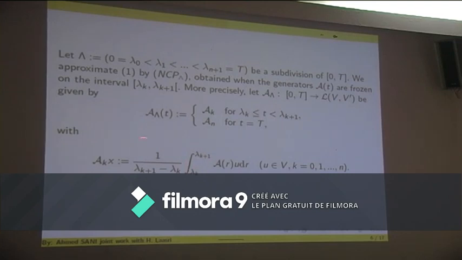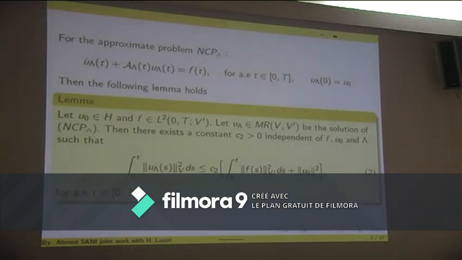If we don't choose the mean, I recall that this sequence A_lambda may not converge to A. But it's proved in a paper of Lasri and Elmennaoui that this choice of A_k allows the convergence to the initial family A. For this approximate problem, we have proved this lemma.